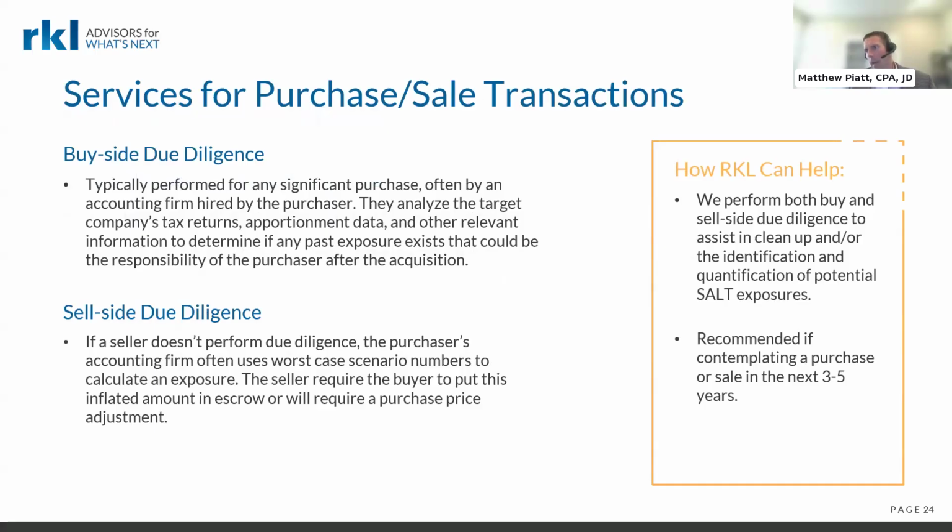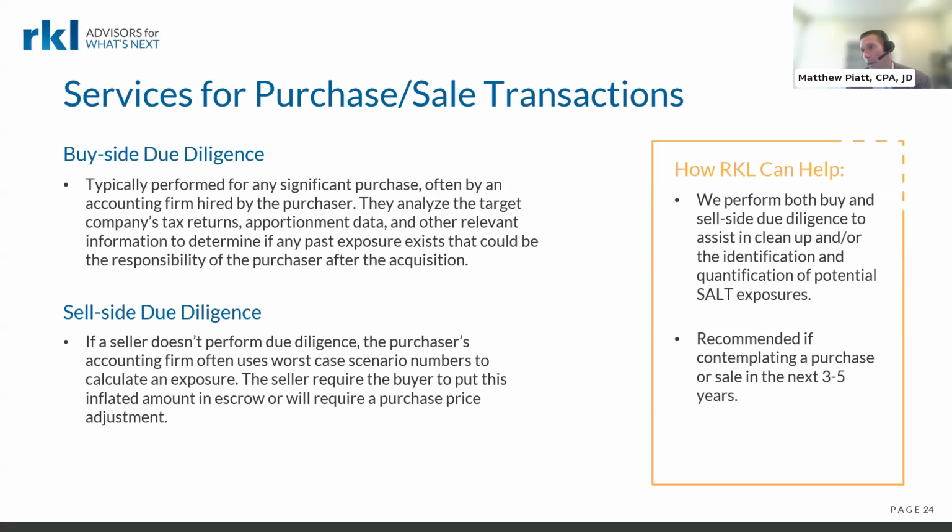Just a quick plug here for due diligence. I see this far too often. If you're a contractor or construction company and you're considering selling in the next 3 to 5 years, or you're working for an owner and the owner's kicking around a sale, you really ought to do sell side due diligence and get all of your ducks in a row from a potential tax exposure perspective. I do a lot of work for private equity firms and companies that are basically in the business of buying other businesses.